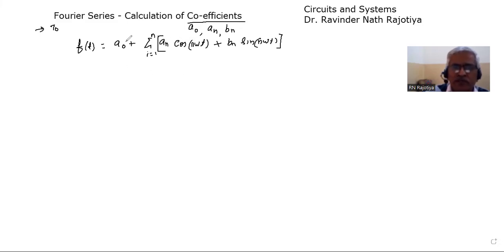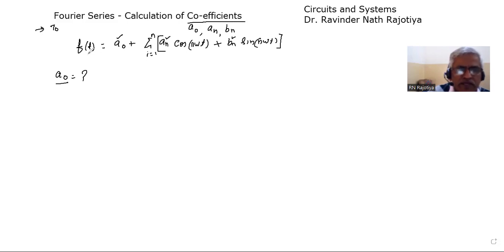Now, to find the value of these coefficients a0, an and bn, let's start first with the calculation of the value a0. So how do we find the value of a0?